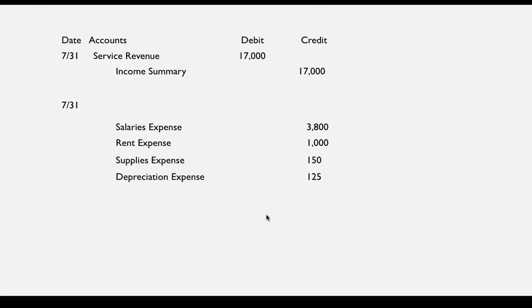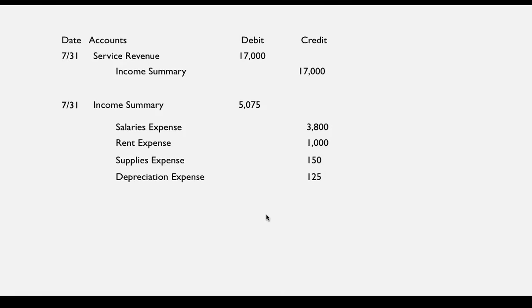And I said earlier, we close our expenses to income summary. So the account that we're going to be debiting here is income summary for $5,075, which you may remember that number. That's our total expenses, right? So all we did to find that number was we added up our four expense accounts in this journal entry, right?